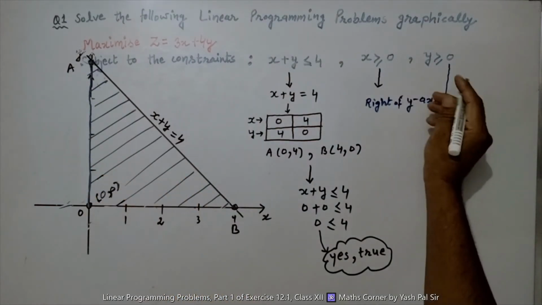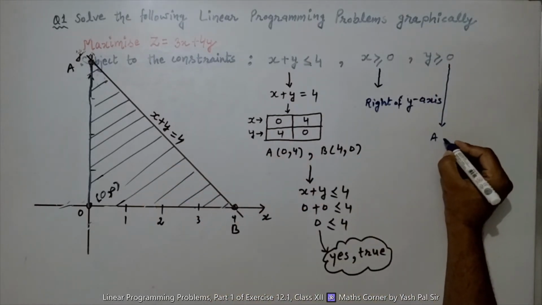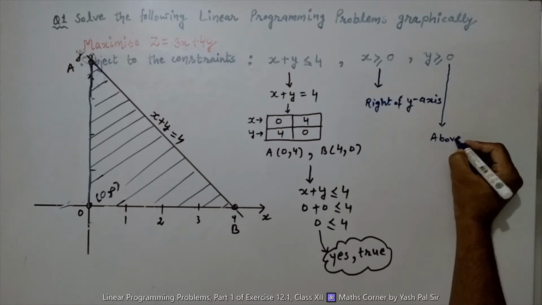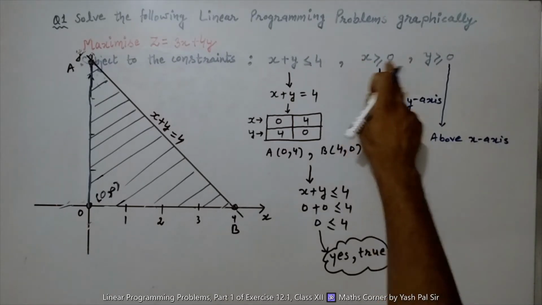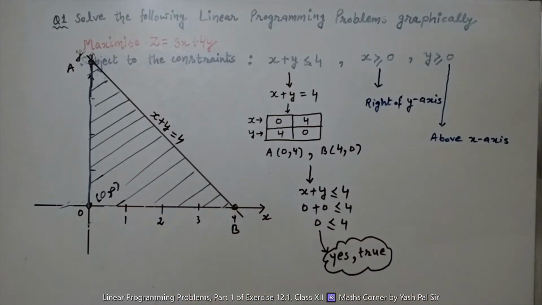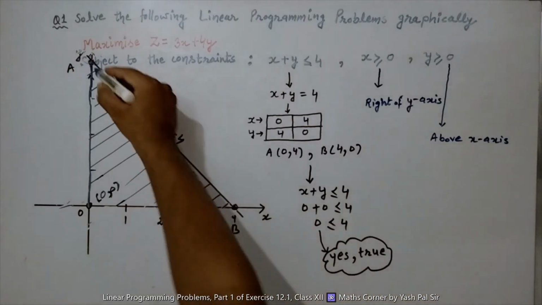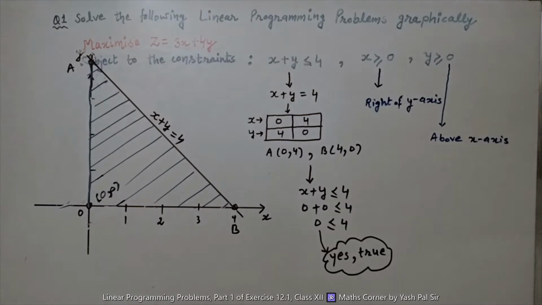So y greater than or equal to 0 indicates that the solution will be above the x-axis, and x greater than or equal to 0 means the right side of the y-axis. So this is the shaded portion, the bounded area. Now in this question we do one more thing. We find the corner points.